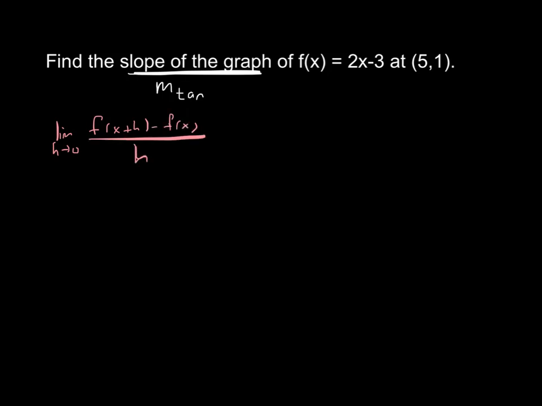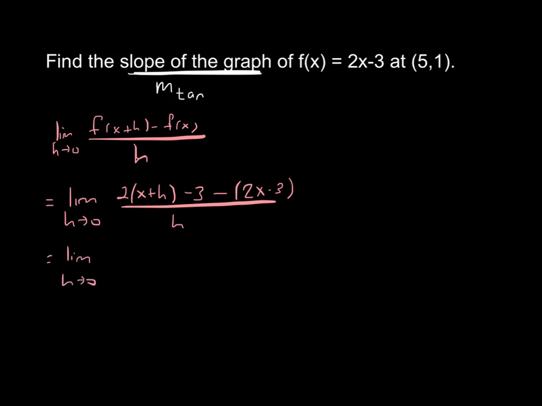Okay, so now we're going to have a little bit of algebra. So we've got this is equal to the limit as h approaches 0, f of x plus h looks like this, minus f of x all over h. Now I'm going to distribute.